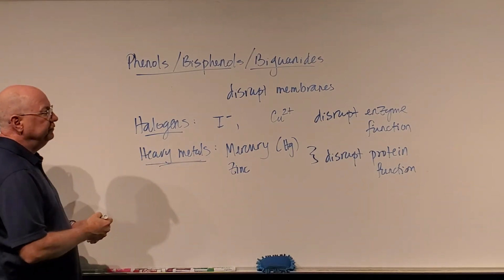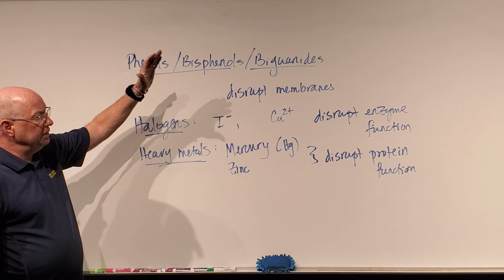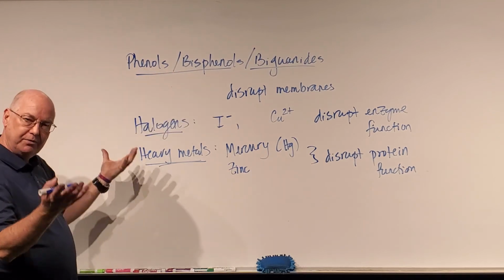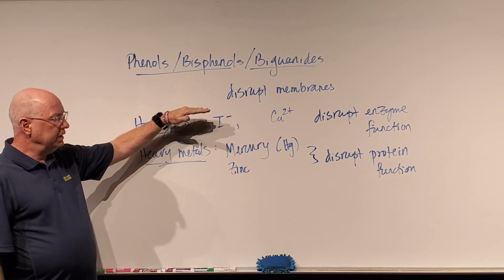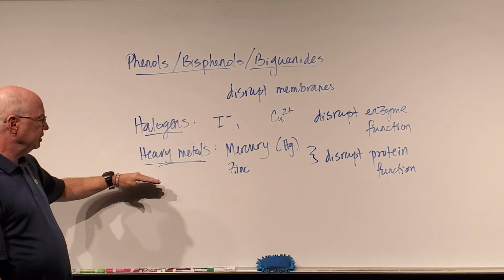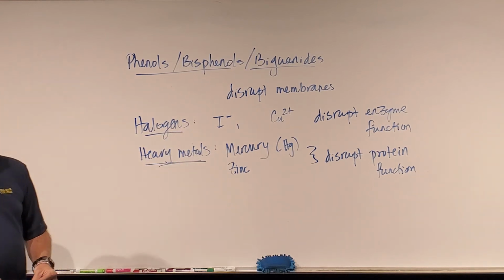So phenols, bisphenols, and biguanides can disrupt lipid membranes and dissolve the lipid membrane. Halogens like iodine and copper can disrupt enzyme function. Heavy metals like mercury and zinc can disrupt protein and enzyme function. Okay.